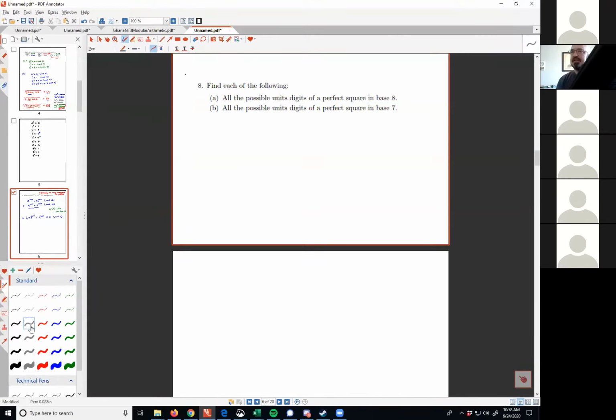And I'll write an example, and maybe this example will help explain what it is that we're looking for. Let's say that we had the number 1, 4, 2, 3, base 8. What this is equal to is 1 times 8 to the 3rd power plus 4 times 8 squared plus 2 times 8 to the 1st power plus 3 times 8 to the 0.